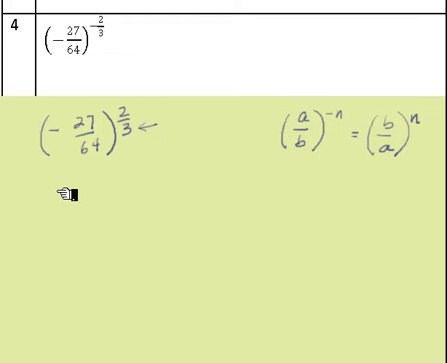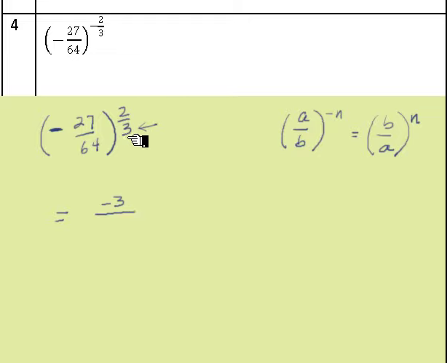numerator and denominator. We can attach this minus sign to either the numerator or denominator. So let's say we attach it to the numerator. First we're going to take the cube root of minus 27. That's minus 3. This time the exponent applies to the number with the sign because of these parentheses. The parentheses include the minus sign.